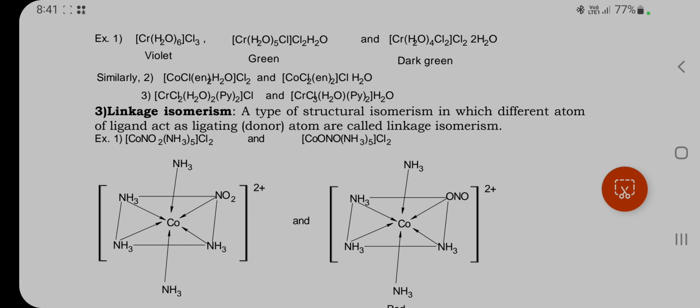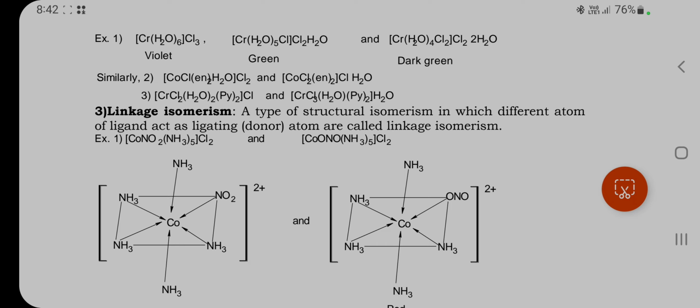The nitro group is an ambidentate ligand, so either the oxygen atom or the nitrogen atom can act as the ligating atom. In any complex, if the nitro group is present, either nitrogen can bond with the central metal atom or ion, or the oxygen atom can bond with it.